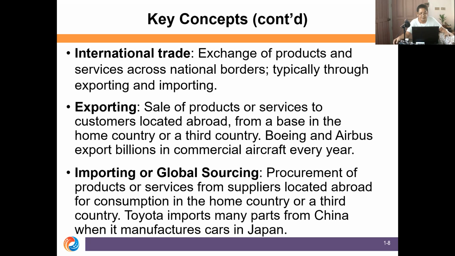So that's exporting. The opposite of exporting is importing. The most concrete example is that we are always dependent on fuel, on crude oil. So we import crude oil from the Middle East.